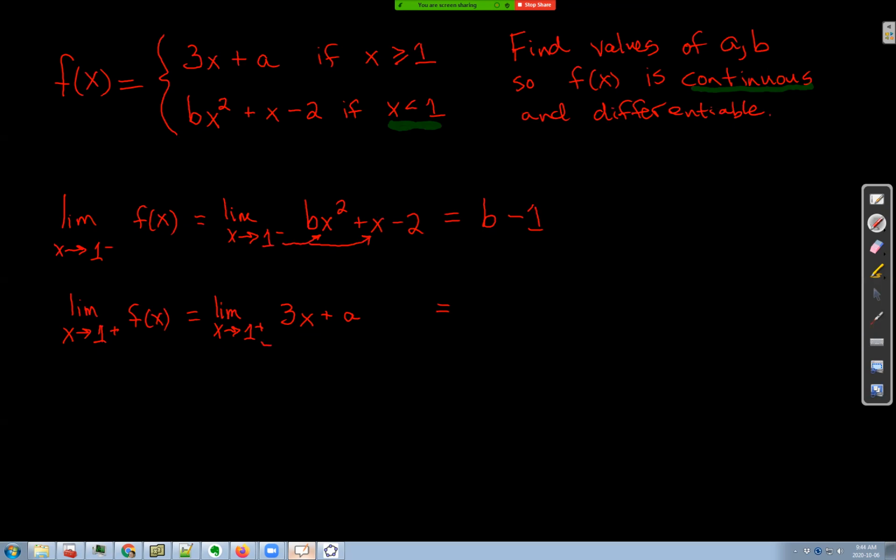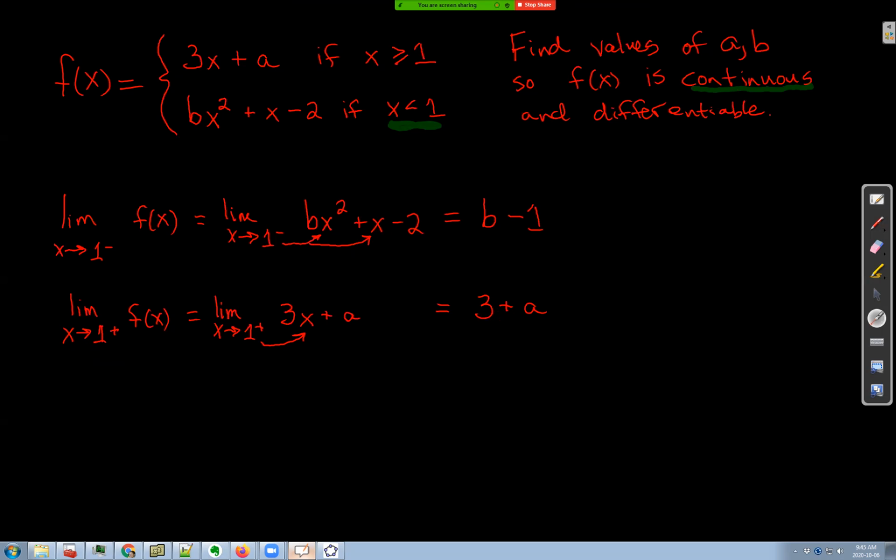To evaluate this limit, wherever I see an x, I plug in a 1. So this will give me 3 plus a. So the limit from the left of 1 is b minus 1, and the limit from the right of 1 is 3 plus a.